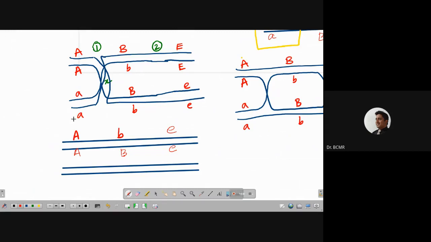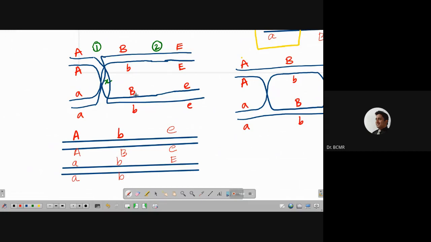Now look at the lower strand, A, small a. Small a is continuous with small b. Small b is continuous with capital E. Small a, and then small a is continuous with small b.